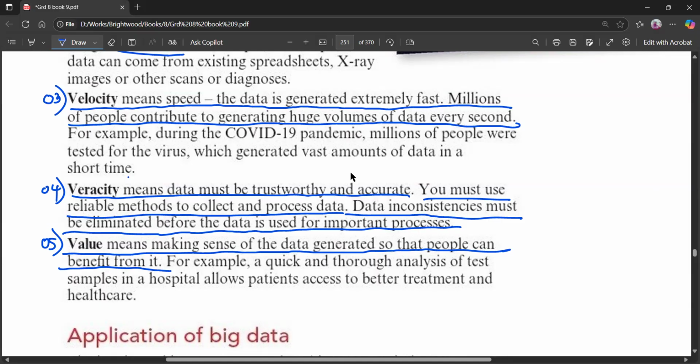Previous data of patients is important for future healthcare. So big data should have huge variety as well as huge value. Can you please write that too? These are the characteristics of big data. Yes, write it.